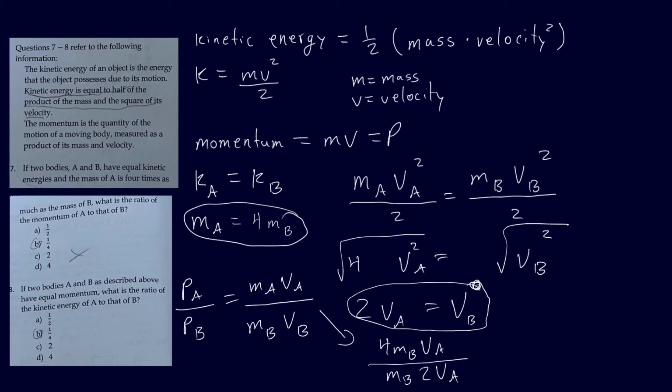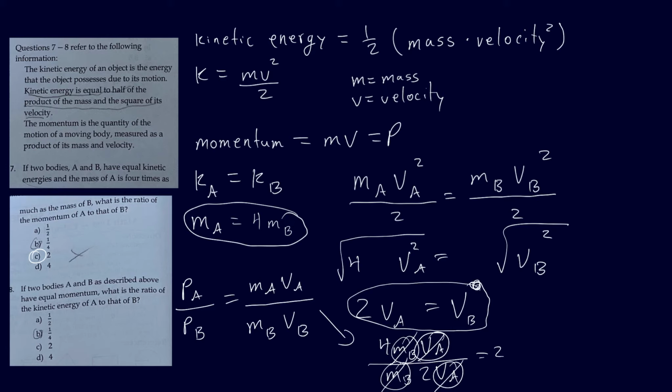So the mass of object B can be reduced from the numerator and the denominator. And the velocity of object A can also be reduced. So now we have 4 over 2, or 2, which is answer letter C.